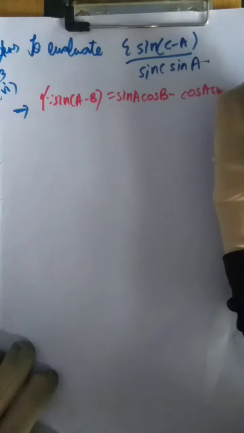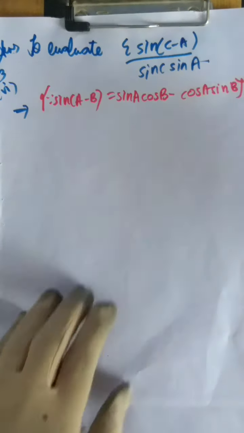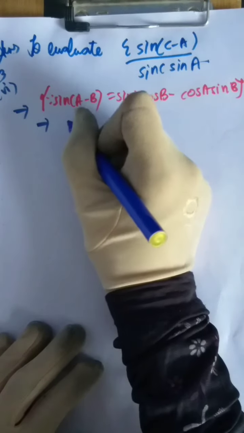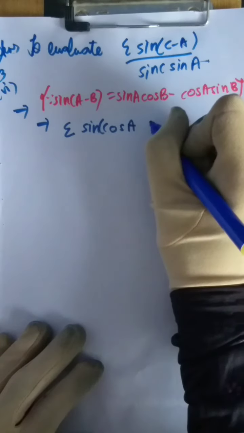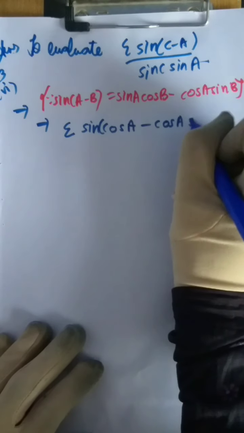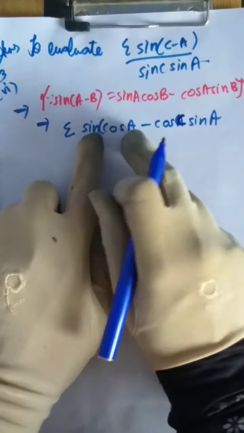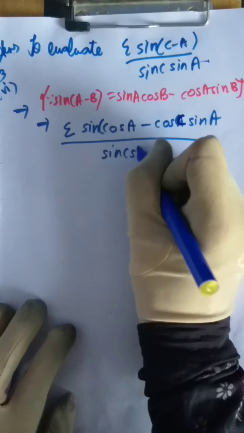So in place of sin(c-a) we'll write sigma, as it is, sin c cos a minus cos c sin a, whole divided by sin c sin a.